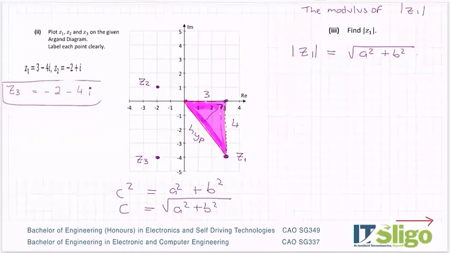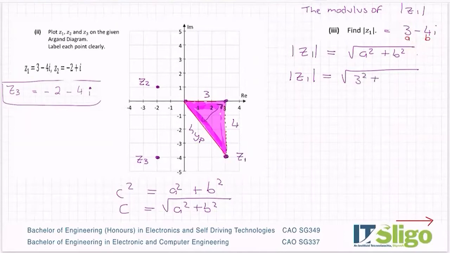So do you have to draw the triangle all the time? No. I'm going to put down z1 here. So it's 3 minus 4i. That's your a, that's your b. Therefore I can say the modulus of z1 is equal to the square root of 3 squared plus minus 4 squared.